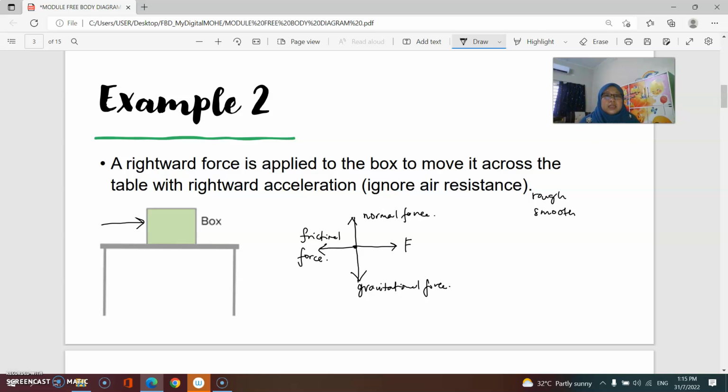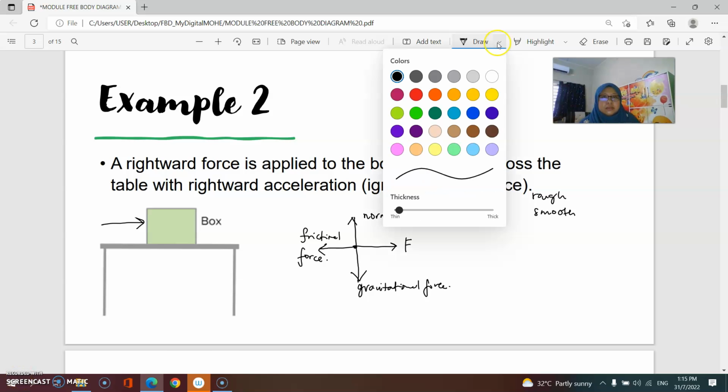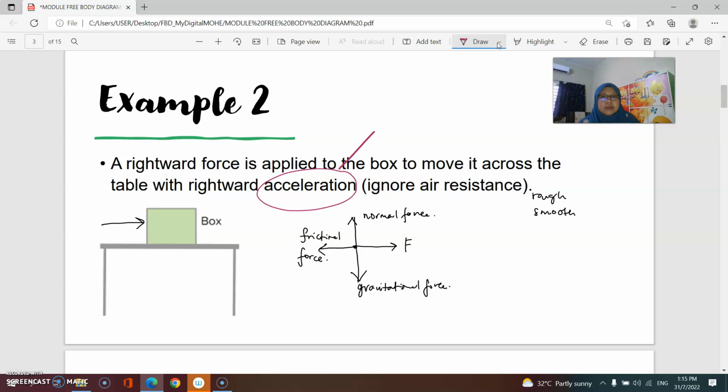Another piece of information given is that it is moving with rightward acceleration. Acceleration means that there is a velocity change. When there is a velocity change, it means the force is unbalanced between F and the frictional force.